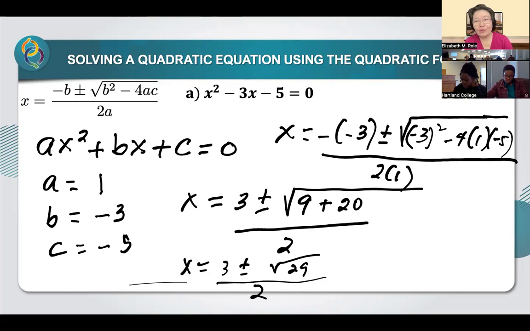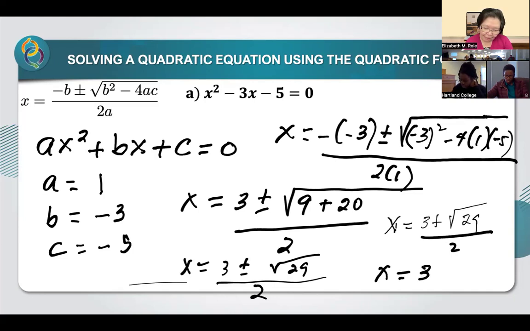So there are now two answers there. You know that a quadratic equation will have two answers. The first one will be 3 plus the square root of 29 all over 2. And the second answer will be 3 minus the square root of 29 over 2.